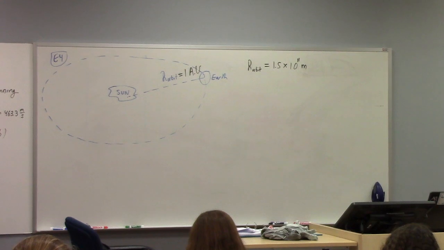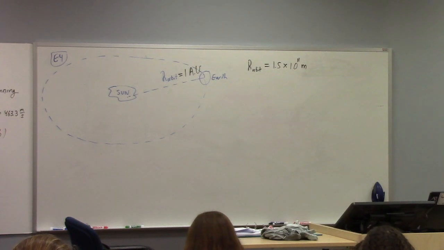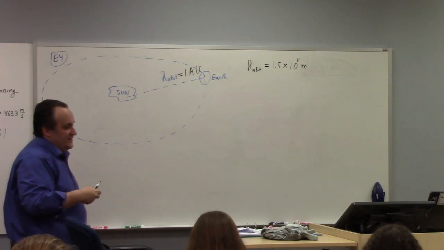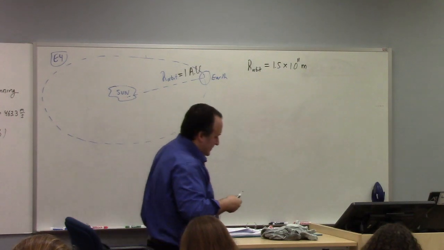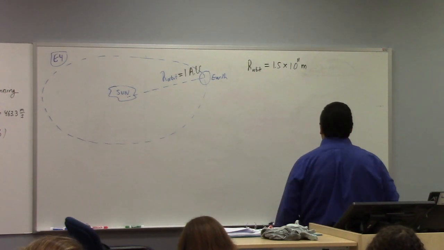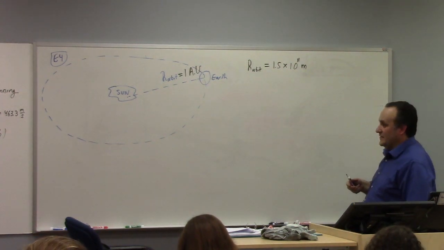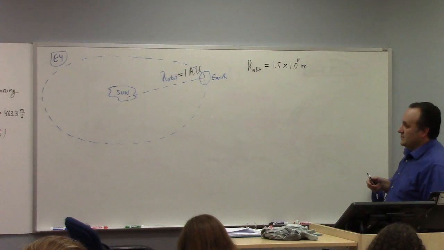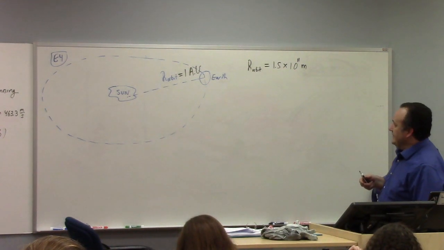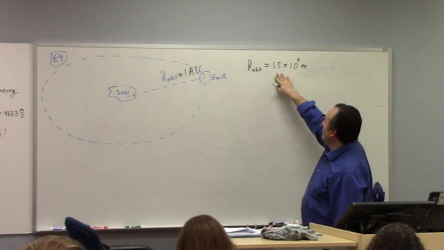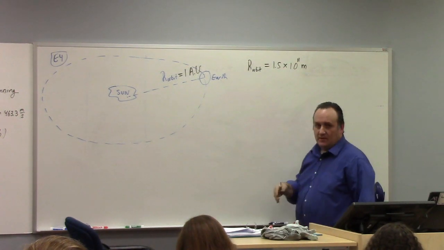It's actually kind of lumpy. There's a certain amount of lumpiness to it. But if you look at it from space, it's pretty close to a circle, or at least that's what the conspiracy is. But all the pictures seem to consistently indicate it's some sort of oblate spheroid with a pale blue color. Anyway, the radius of the orbit is about 1.5 times 10 to the 11th meters.